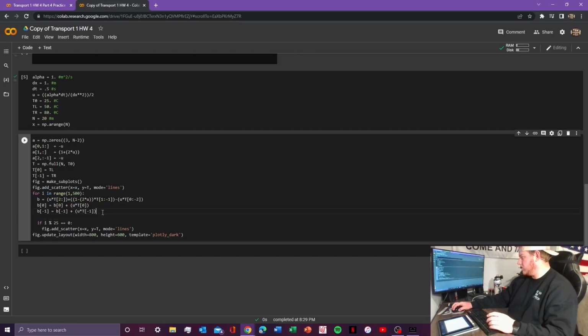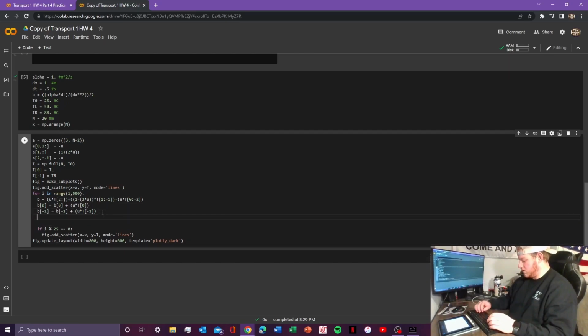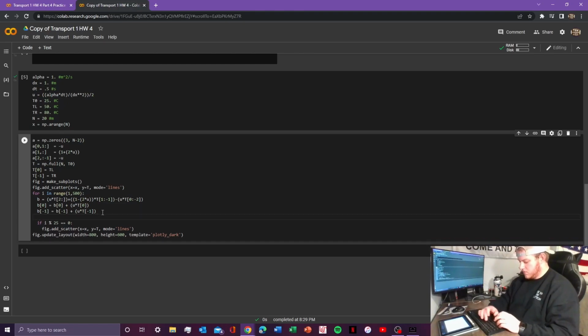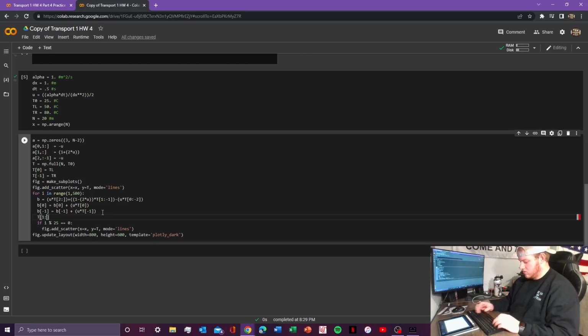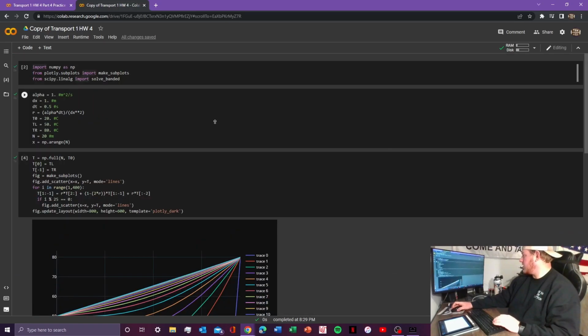And then the last thing we need to do is pull out our solver here. So that's for t in our range -1 is equal to, no, I always do that. Stop that. Thank you. We're going to use our banded solver. As you see, I already added it in here.